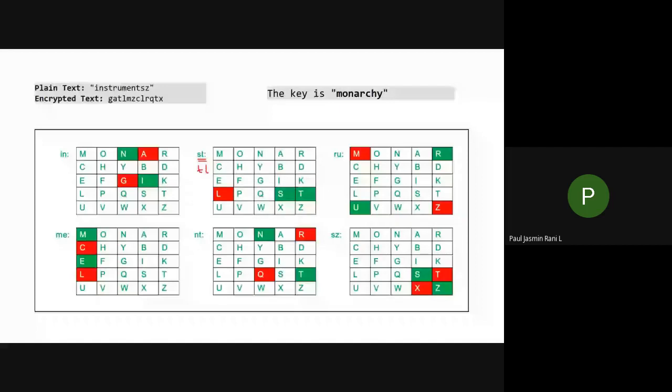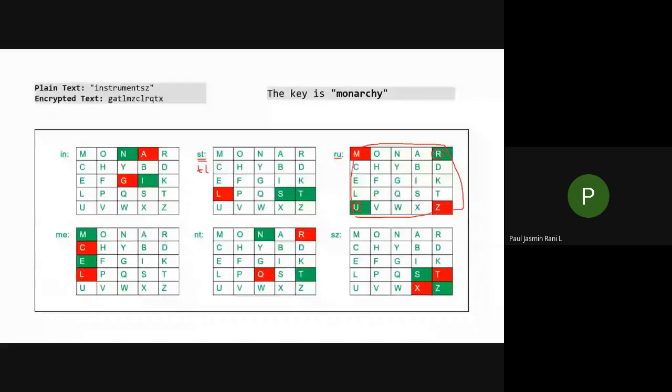Next, similarly, you have to find out your RU. So what will be the RU? Where is your RU? This is R and this is U. You have to form a rectangle because they are neither in the same row nor the same column. So you form a rectangle like this. Then you have to find out for R. You see it only from right to left, isn't it?